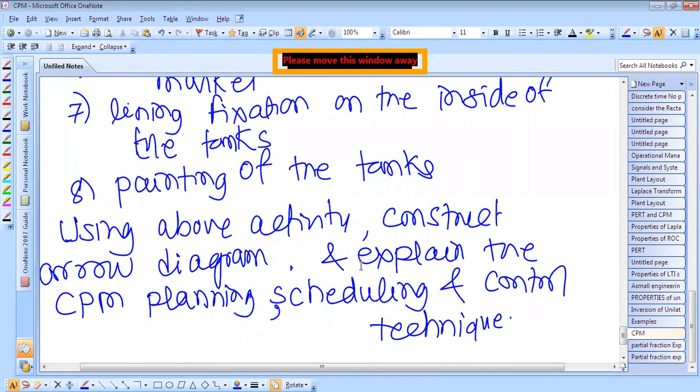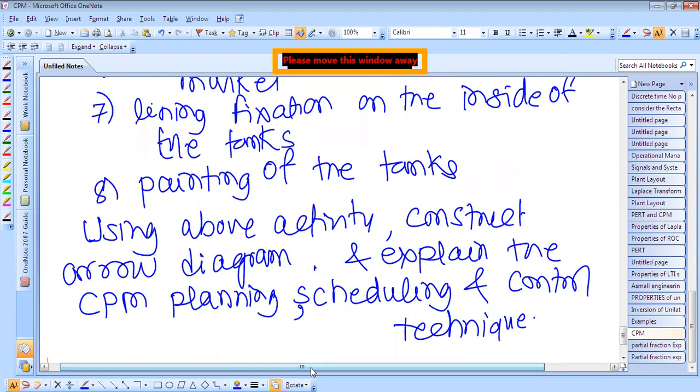So using the above activities, we have to construct the arrow diagram. An arrow diagram is generally used in CPM, whereas in PERT an event oriented approach is used. We have discussed that. CPM is the activity oriented approach.